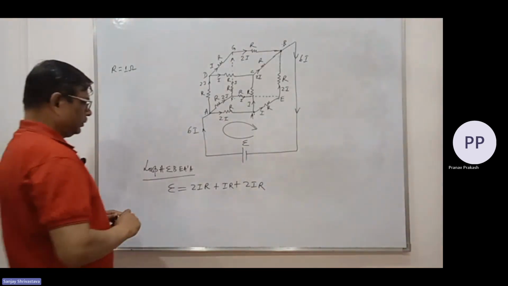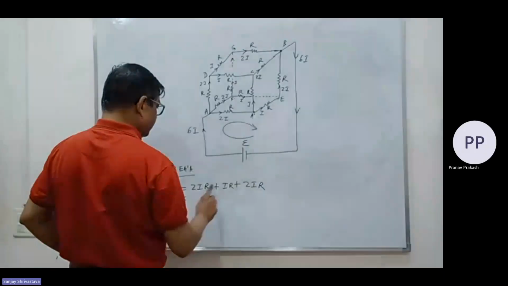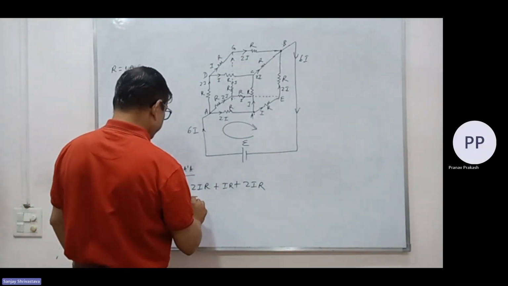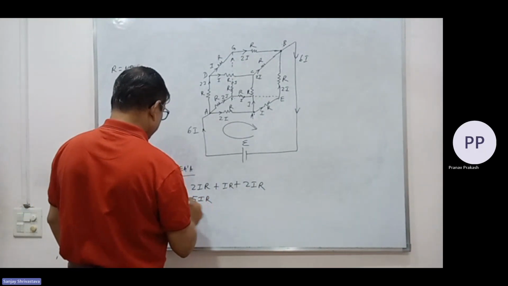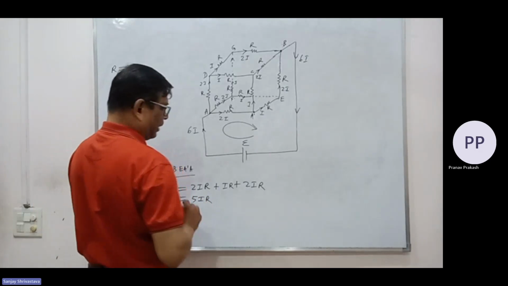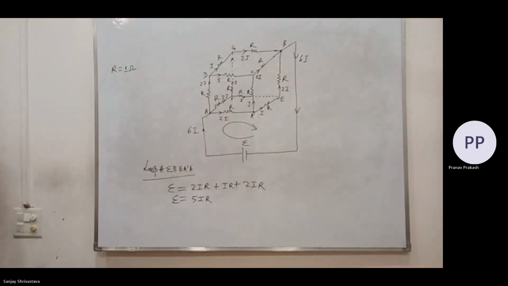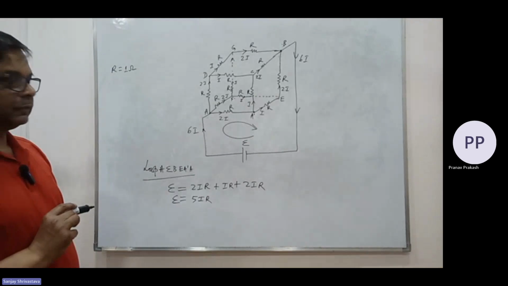So it is equal to 2 plus 2 plus 1, which is 5 into IR. So now the value of epsilon is 5IR. Are you getting it, Pranav?